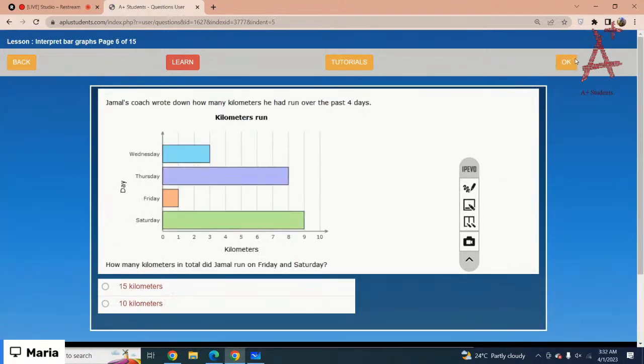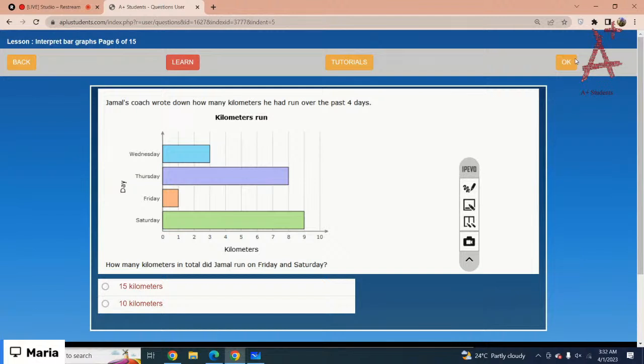Okay, the next one is Jamal's coach wrote down how many kilometers he had run over the past 4 days. So here is the graph for the kilometer runs. How many kilometers in total did Jamal run on Friday and Saturday? So you have to calculate the total distance for Friday and Saturday. On Friday it is 1 and on Saturday it is 9.